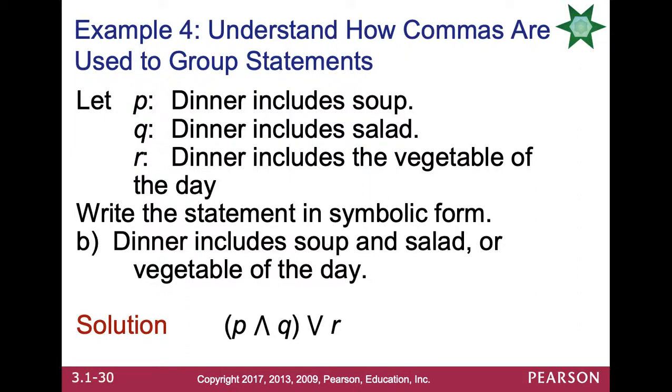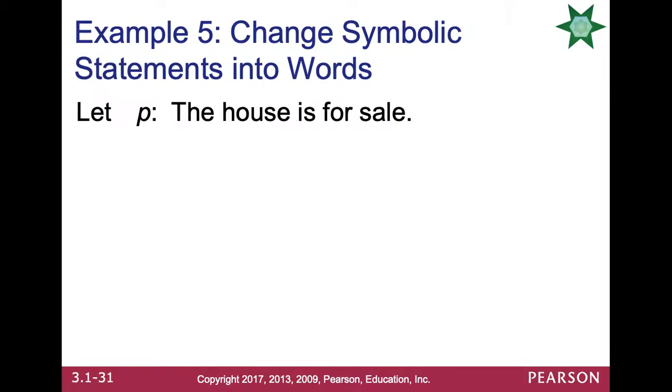So the symbol R, which includes the vegetable of the day, is outside the grouping. It's written as P and, so that's the symbol here, and Q or R.